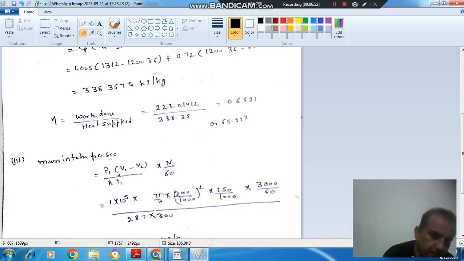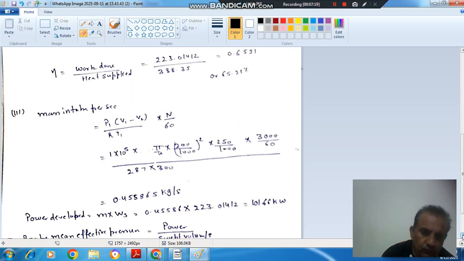So P1 value is 1 bar, that is 1 into 10 to the 5, and this is swept volume, that is pi by 4 into 0.2 squared into 0.25, and this is 3000, and T1 is 300. So mass intake per second is 0.455865 kilogram per second.